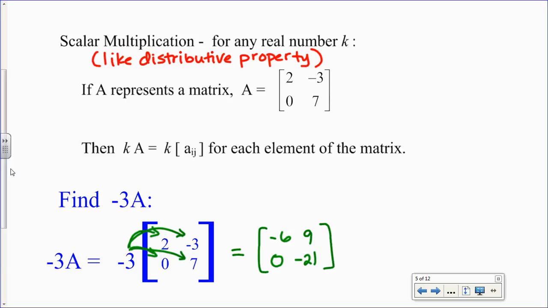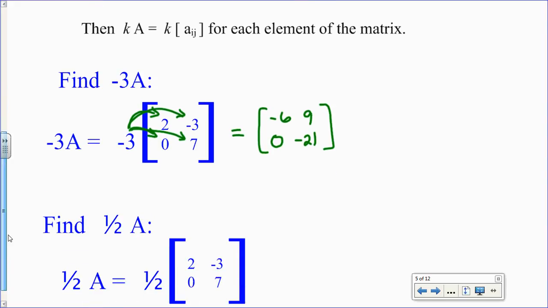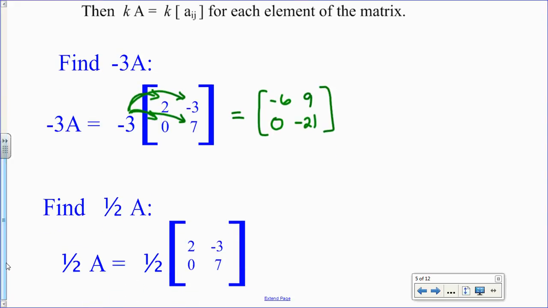Okay? It doesn't have to be an integer. It can be a fraction. So you're doing the same thing. Distribute the 1/2 to every entry.